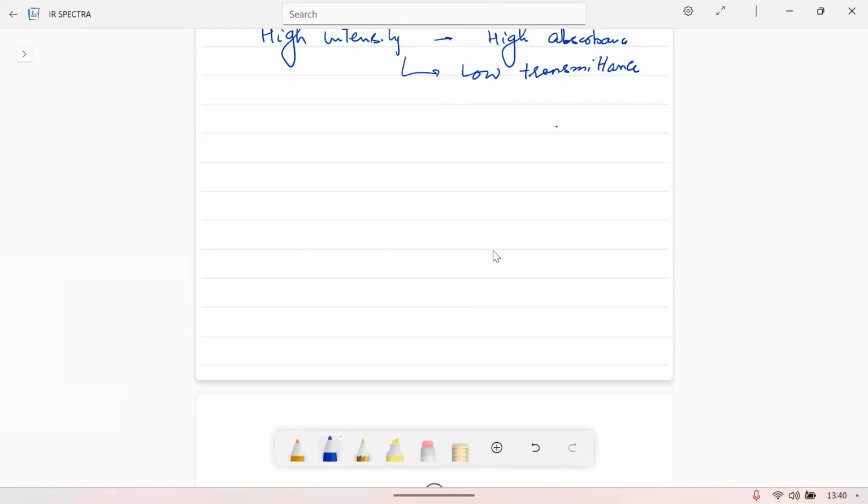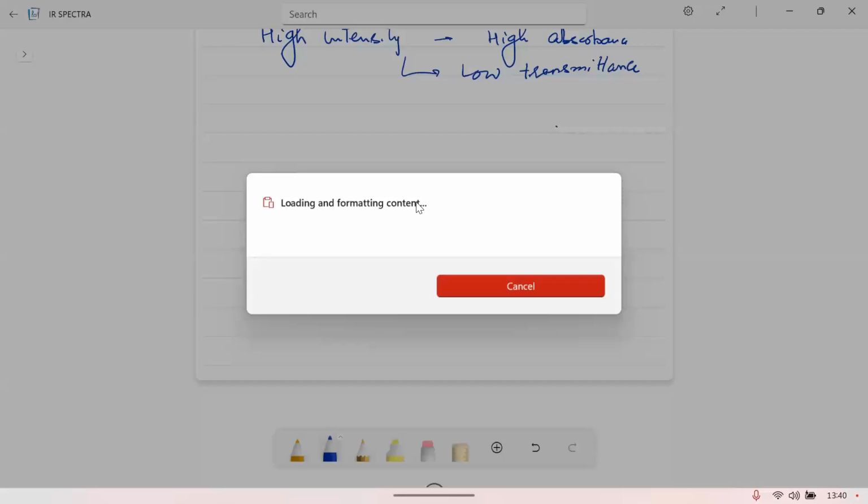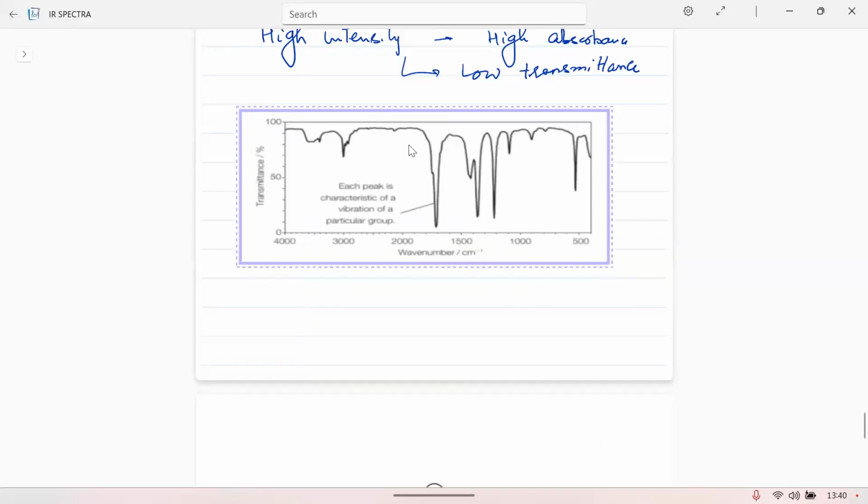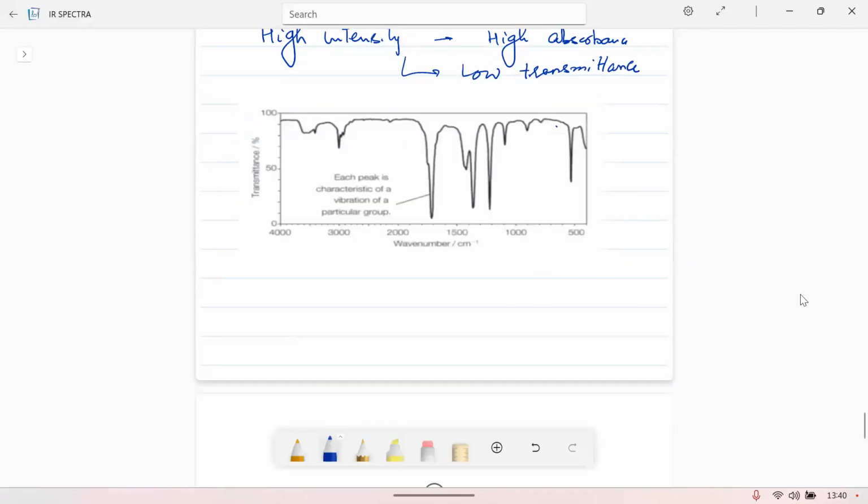Now, yes, before that, this area that is around 500 to 1500 per centimeter, that means from here to here, is known as the fingerprint region. This has been asked in the exam, the wave numbers for the fingerprint region.